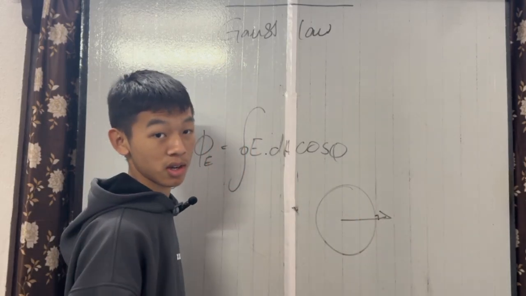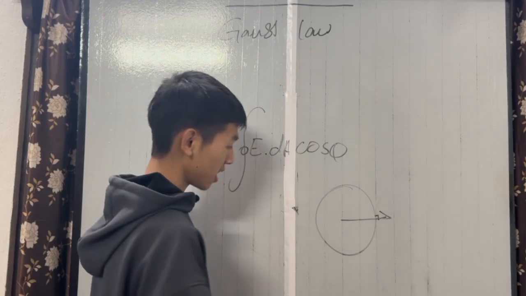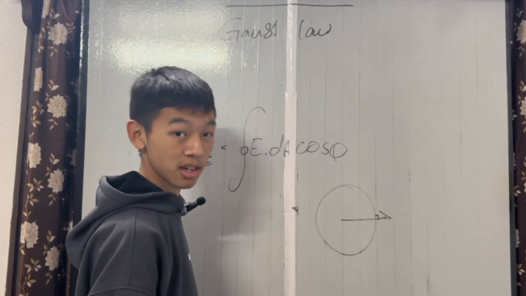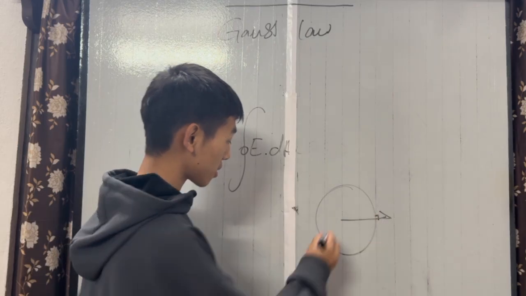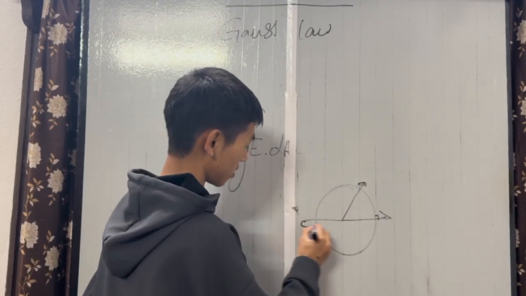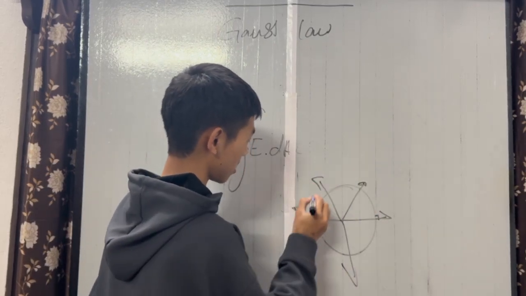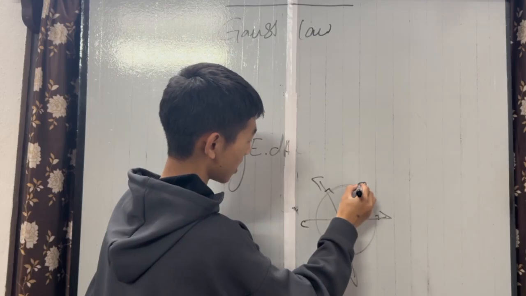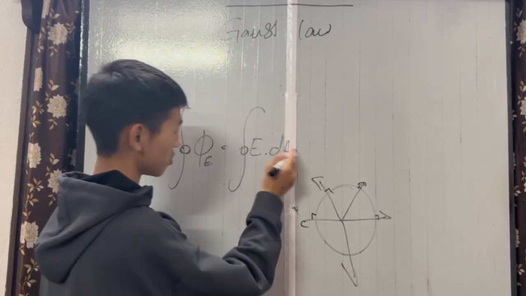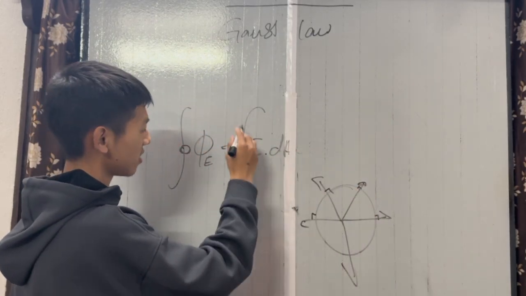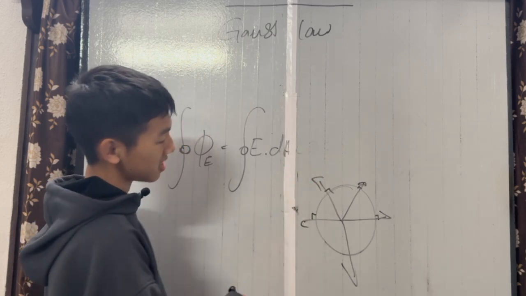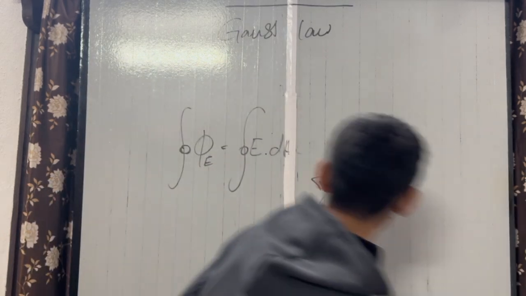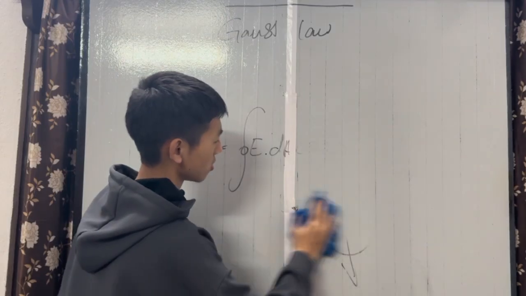The angle is perpendicular, 90 degrees everywhere. Not only here, everywhere it is perpendicular. So we just take the integration of E dA cos theta. Theta is always 90, so the factor is 1.